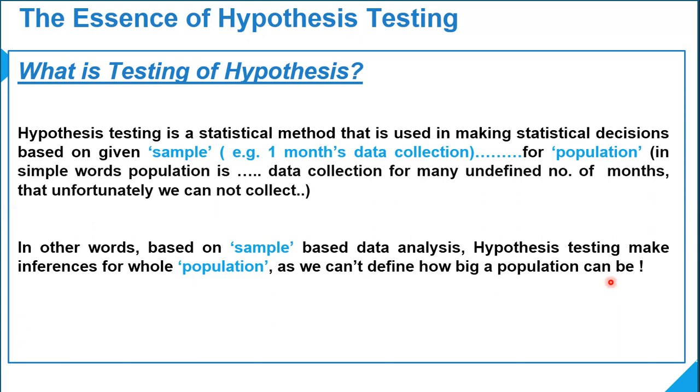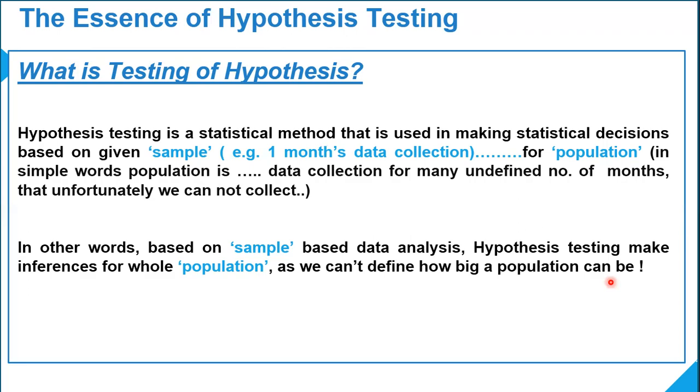Statistically, they say a sample, which is 5% of the data from the population, is roughly representative of the whole population. So if you want to make predictions or inferences for the rest of the 95% of the data, that is the population, based on the 5% of the data which we collected, hypothesis testing helps us over there. So that's the essence of hypothesis testing.